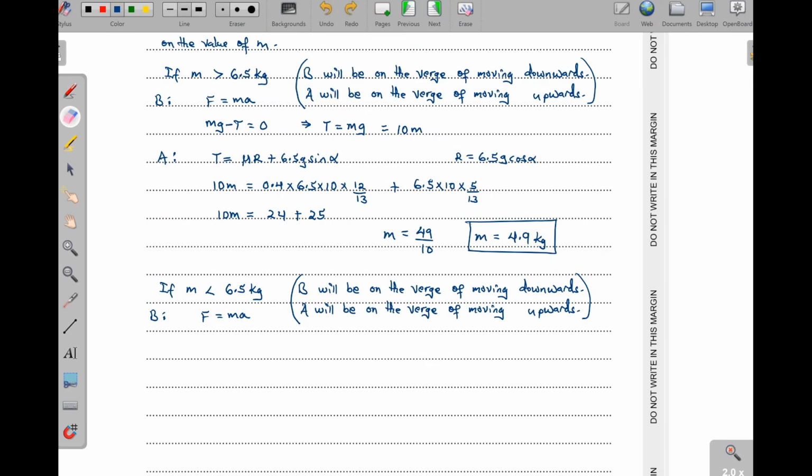So B will be on the verge of moving upwards, and this one here downwards. Just like before, when we consider B, T is still equal to 10m. So I'm just going to look at this one here.